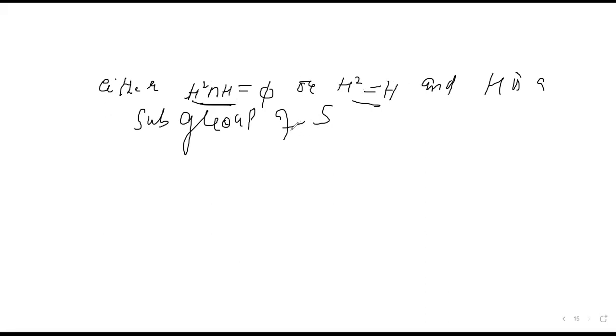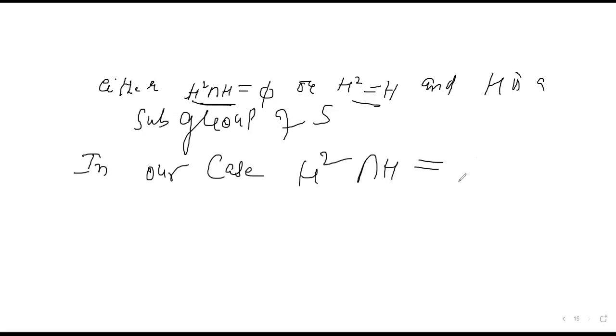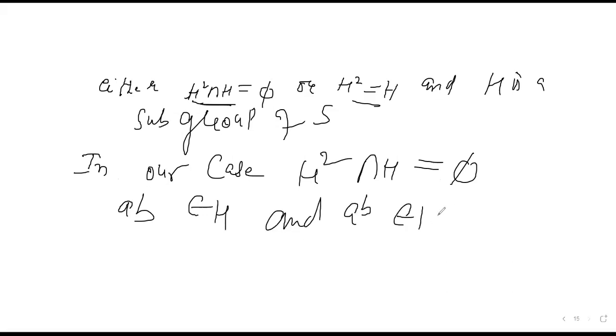तो हमारे केस में H स्क्वायर इंटरसेक्शन H जो है वो नॉन एम्प्टी है. In our case H square intersection H is non-empty, because we have AB, which is in H and also an element of H square.